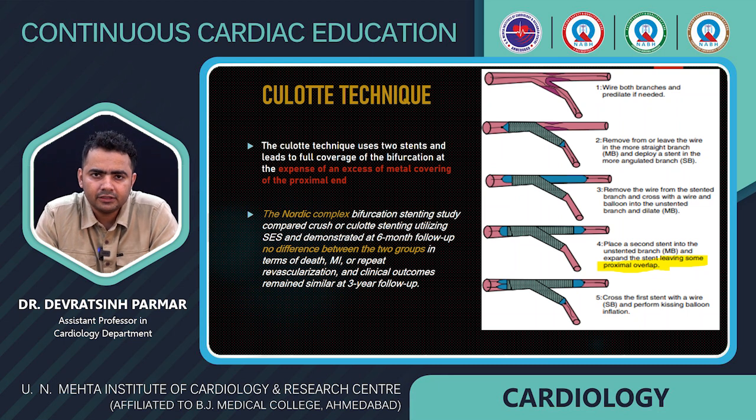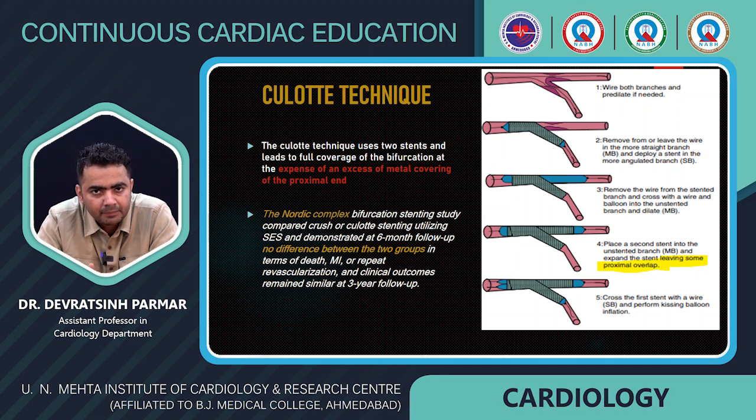Now what are the steps in your Culotte technique? First you put a wire in your main and side branch, and predilate the main and the side branch. First you put a stent in your side branch; the side branch stent should be at least 2 to 4 mm into your main vessel, and then a sufficient amount for the POT.